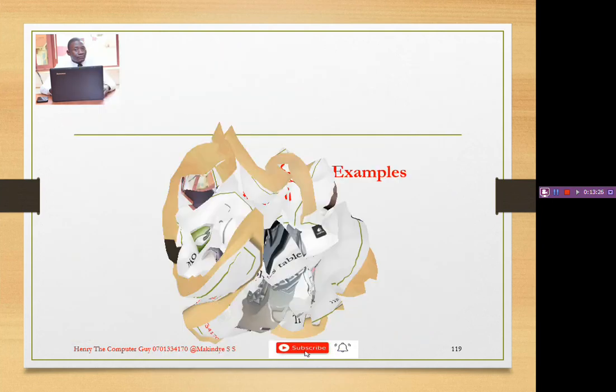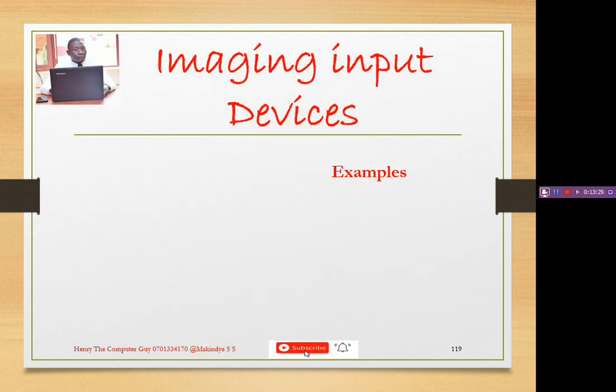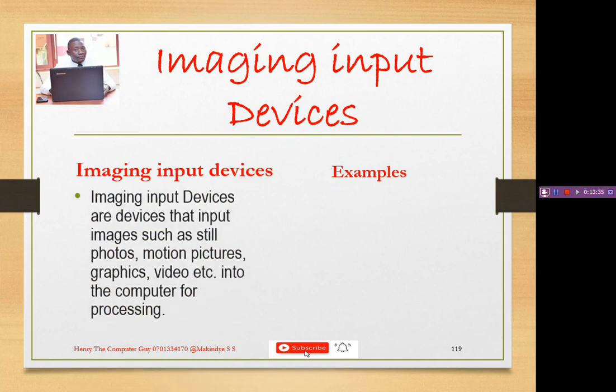We continue. Let's talk about what we call the imaging input devices. They are telling us that imaging input devices are devices that input images such as still photos, motion pictures, graphics, video, etc. into the computer for processing.